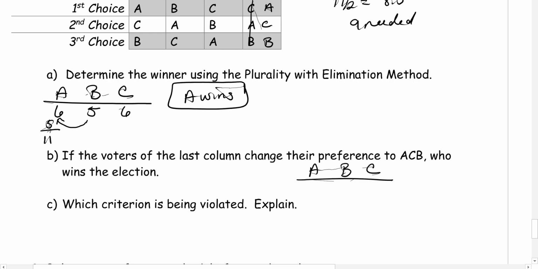So A now has 8 first place votes, candidate B has 5, and candidate C has 4. So we're going to eliminate candidate C, and we're going to pass those votes to candidate B. And so now candidate B wins.